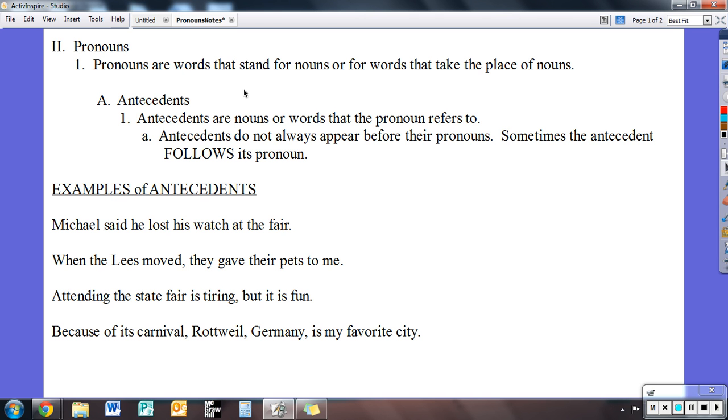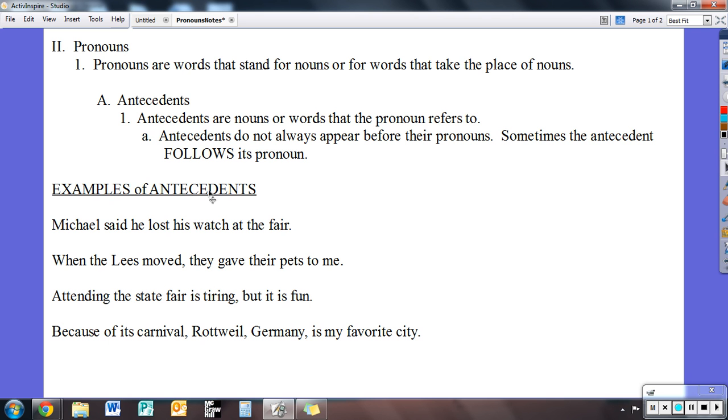Okay, it's a little wordy in the actual definition in the book. So I think nouns are words that the pronouns refer to. And then here's that important note about where you can usually find the antecedent in the sentence. They do not always appear before the pronouns. Remember, they do most of the time. Sometimes the antecedent follows its pronoun.